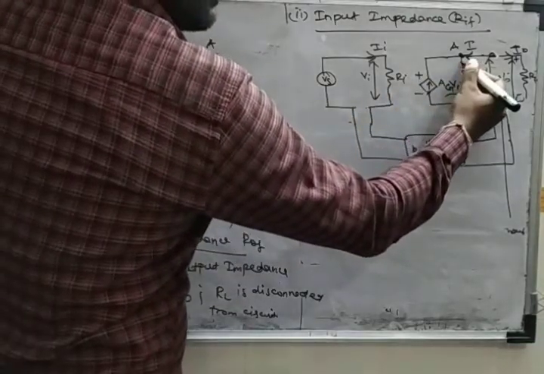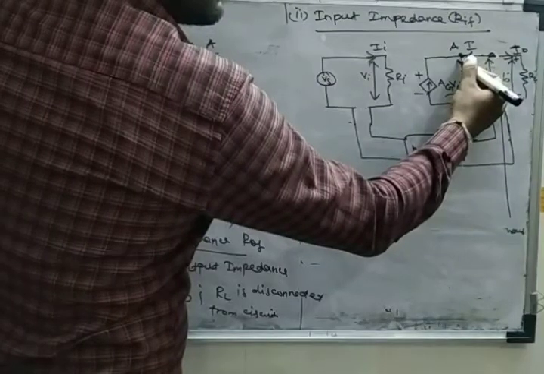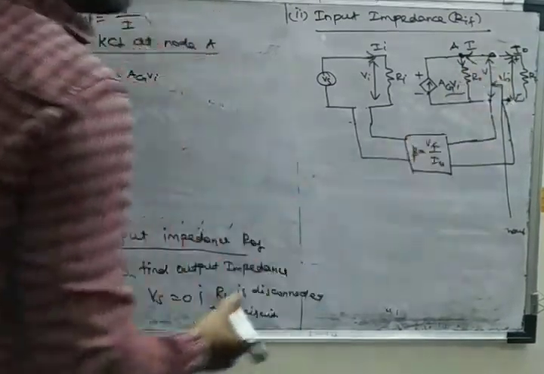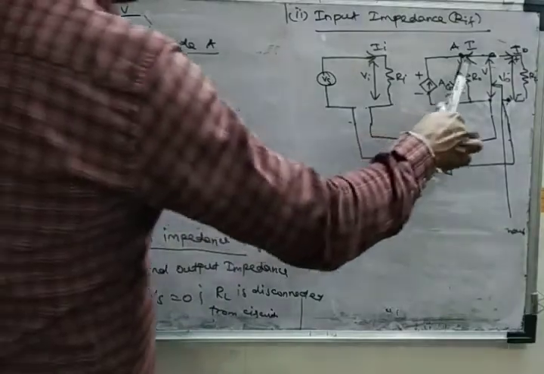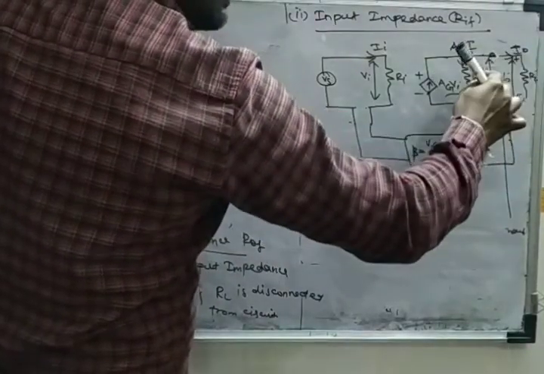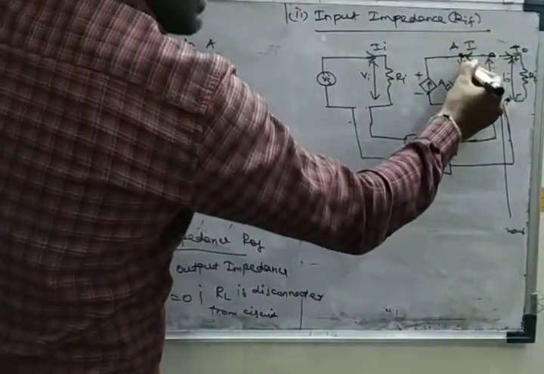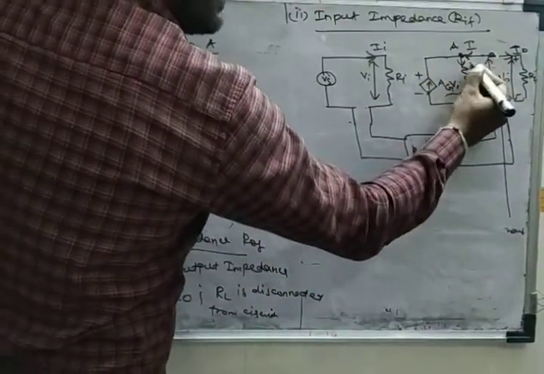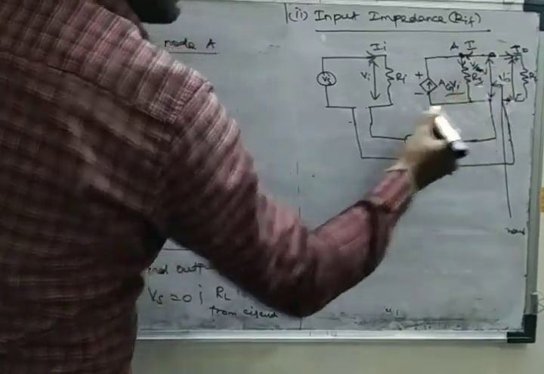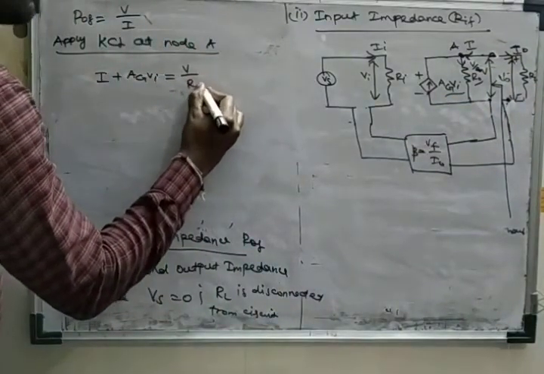Here I am considering the direction like this. The voltage across this R0 is V and resistance is R0. So current flowing through this terminal is V divided by R0.